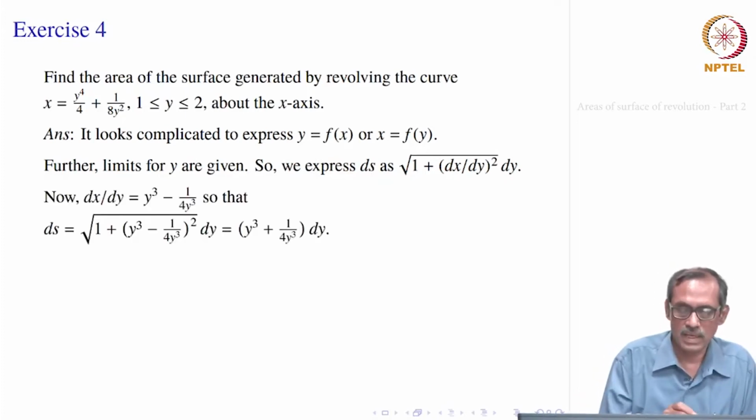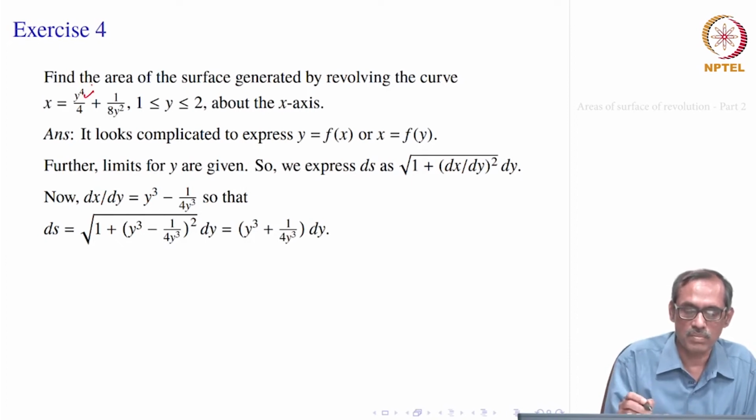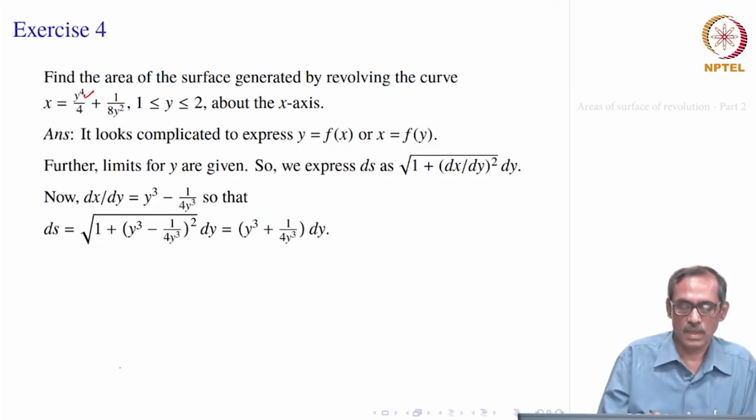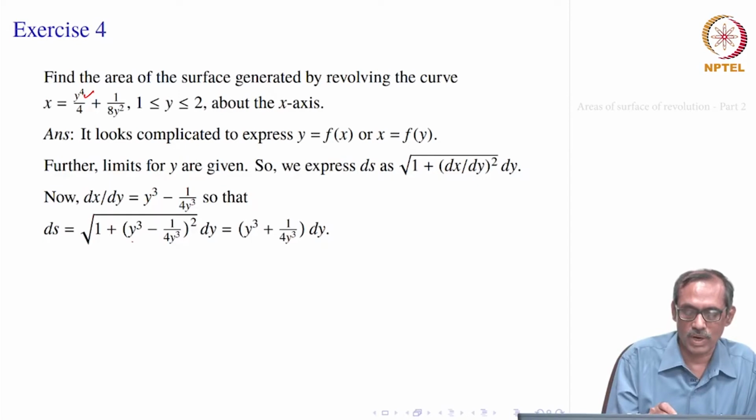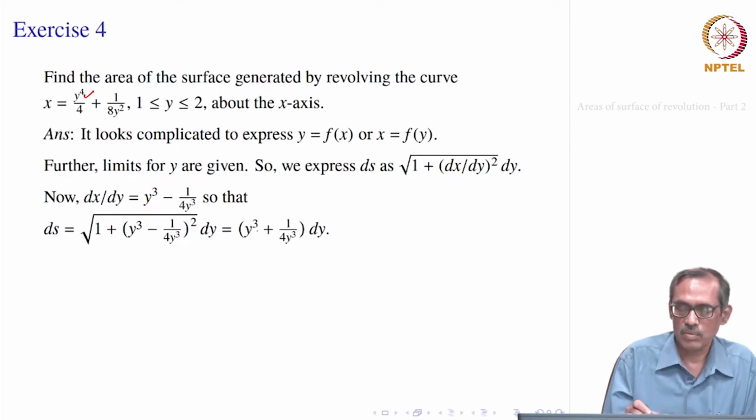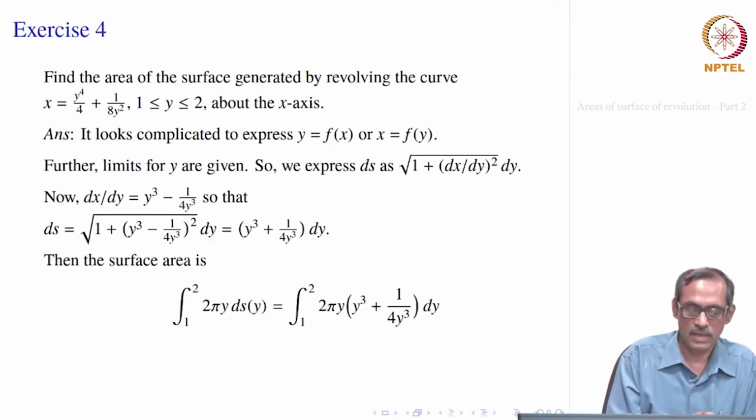So, then dx by dy equals y cubed, y fourth by 4, derivative is y cubed, 1 by 8 y square gives 1 by 4 y cubed. So, ds we can see is square root of 1 plus y cubed minus 1 by 4 y cubed square times dy, which is y cubed plus 1 by 4 y cubed dy, fine.